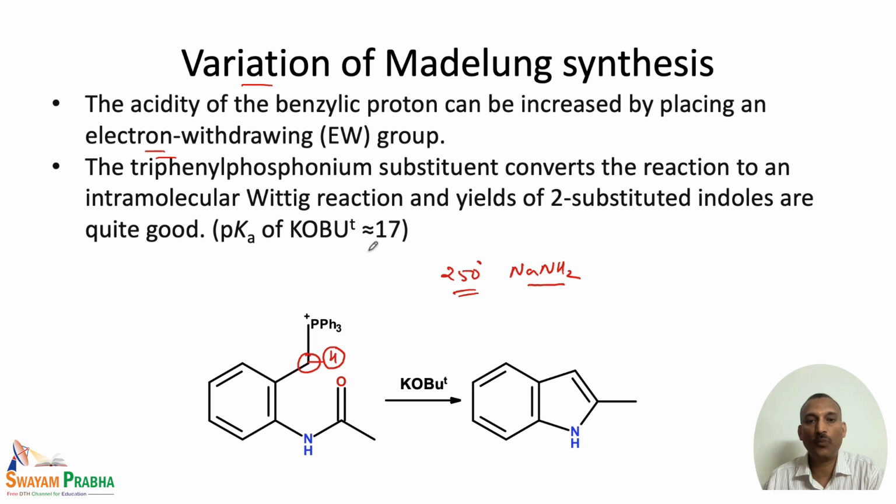Of course, tertiary butoxide itself is a strong base, but compared to sodamide, sodium tertiary butoxide is not a very strong base. So, we can use a much less strong base compared to sodamide, and the reaction can also be carried out at a lower temperature. That is the reason introduction of electron withdrawing groups on this benzylic carbon increases the reactivity of the substrate. Here the triphenyl phosphonium substituent converts the reaction to an intramolecular Wittig type reaction, and it yields a 2 substituted indole like the previous case.